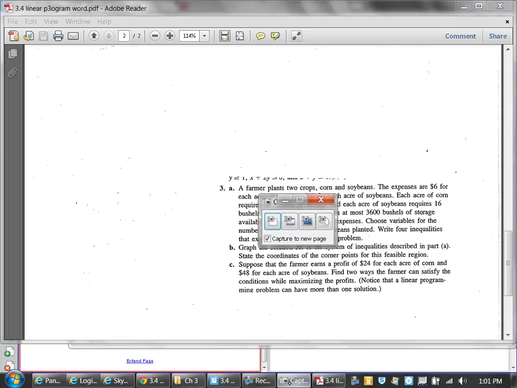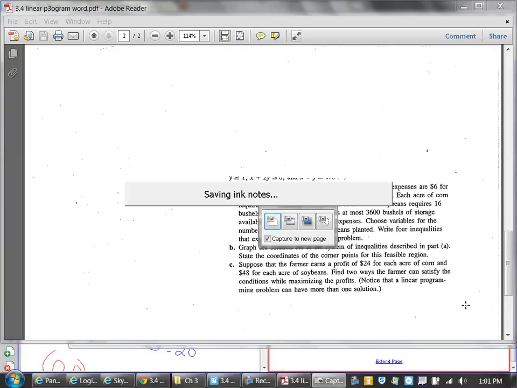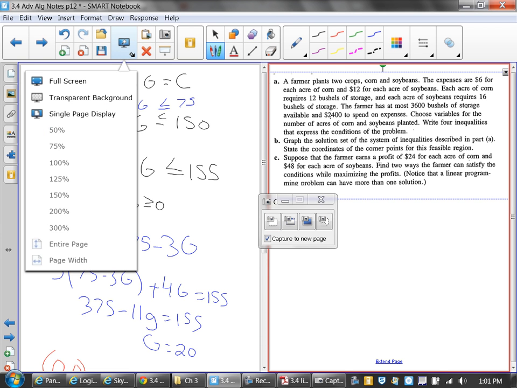Oh yeah, the only thing about the farming one is that it's a longer read. But once you read out the whole problem, it's fairly straightforward. It mirrors the one we just did.